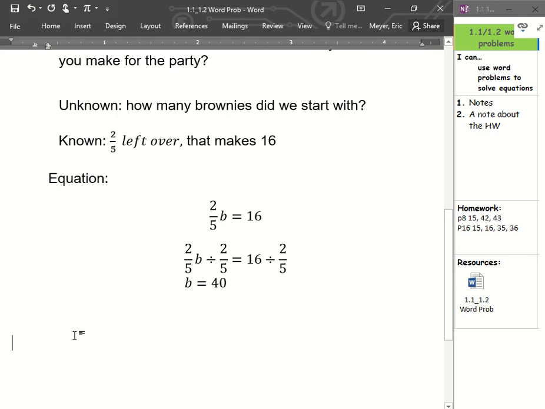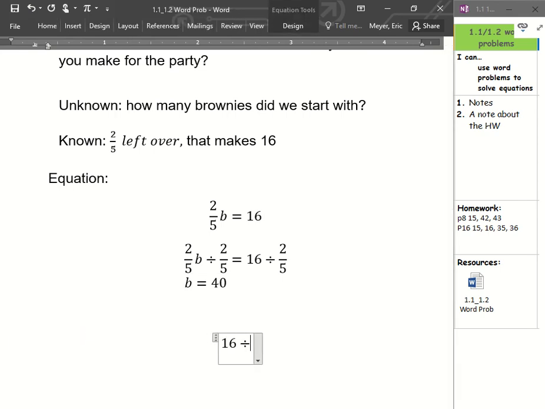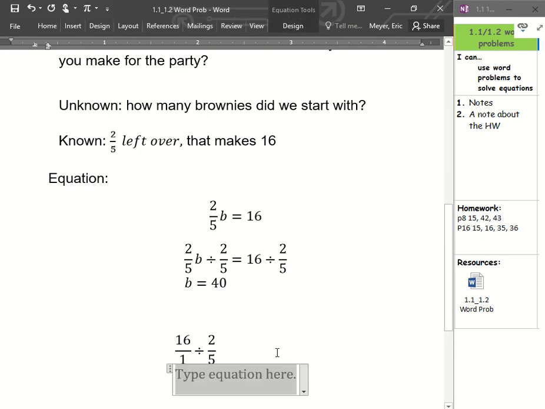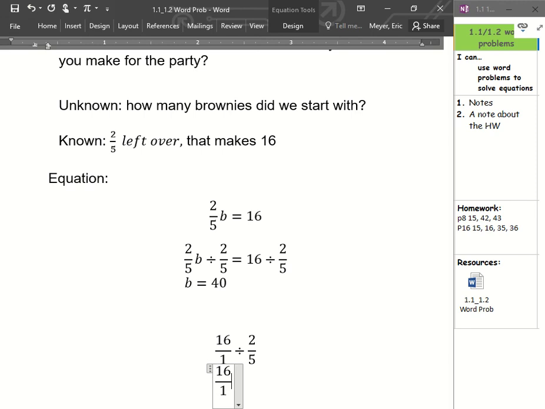The other way we can think about doing this problem is multiplying by the reciprocal. So we have 16 divided by 2/5. Well, if I think of 16 as 16 divided by 1, because that is just 16, then I want to switch this so that I'm multiplying by the reciprocal, the opposite of 2/5. 16 divided by 1 times 5/2.